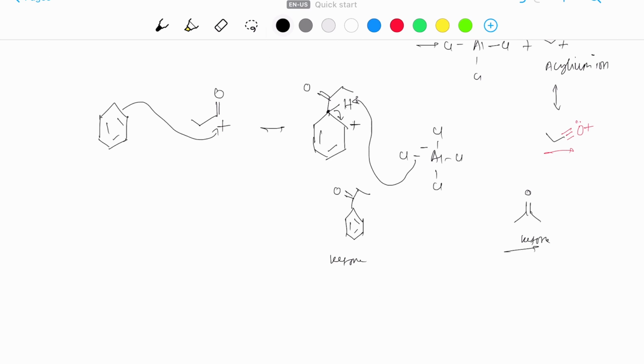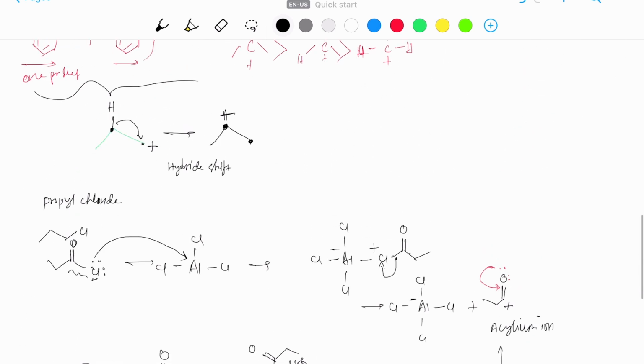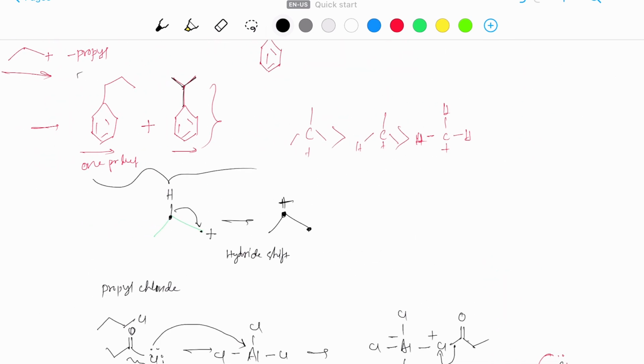Now that we know that we have this oxygen, if somehow we can get rid of this oxygen, we can form our linear product, the one that we wanted, this linear one, right?